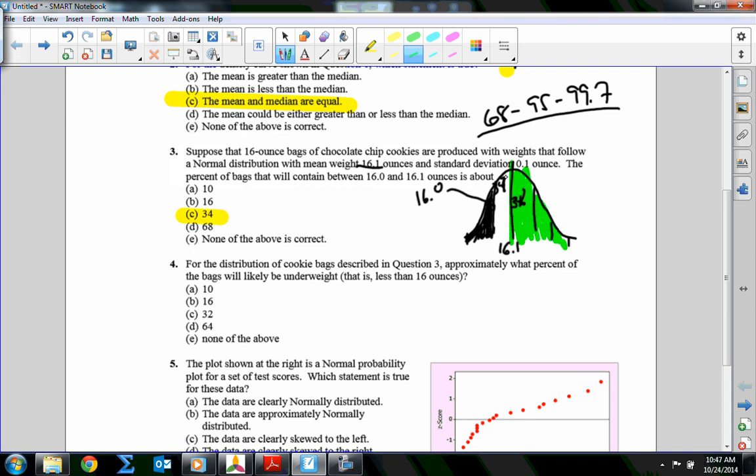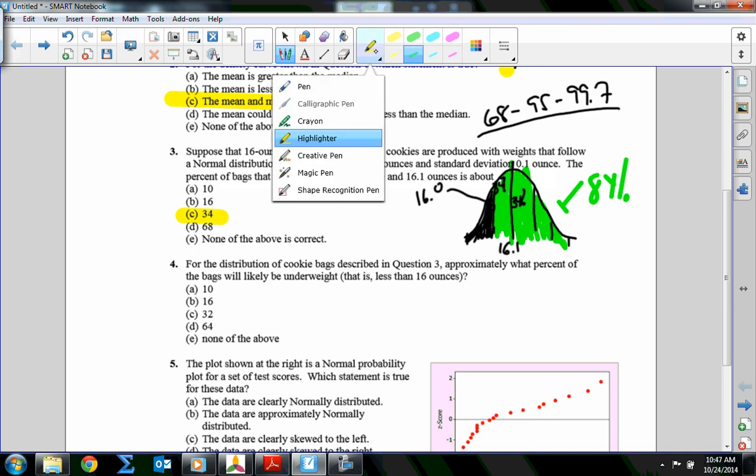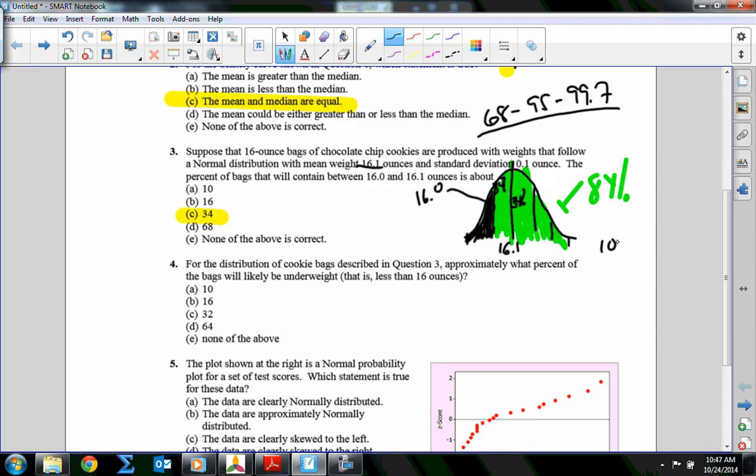Add to that the 34% that I did in number 3, and 50 plus 34 makes 84. So all that green that I just shaded in is 84%. And since the entire area under the curve is 100%, that means that the black region has to be 16%, which was B.